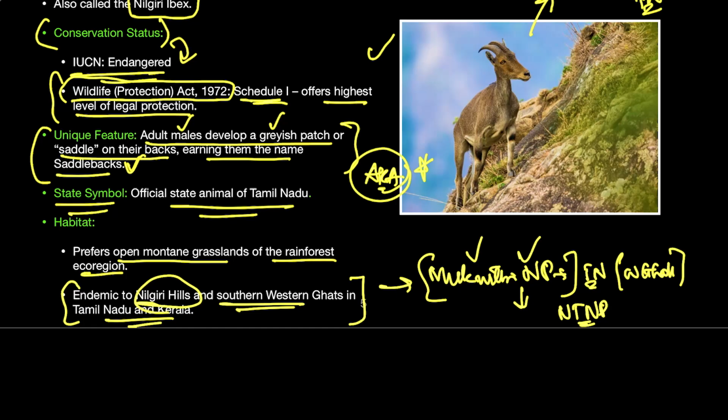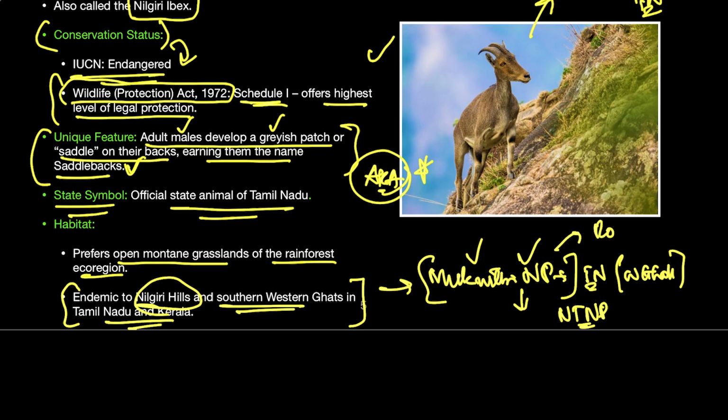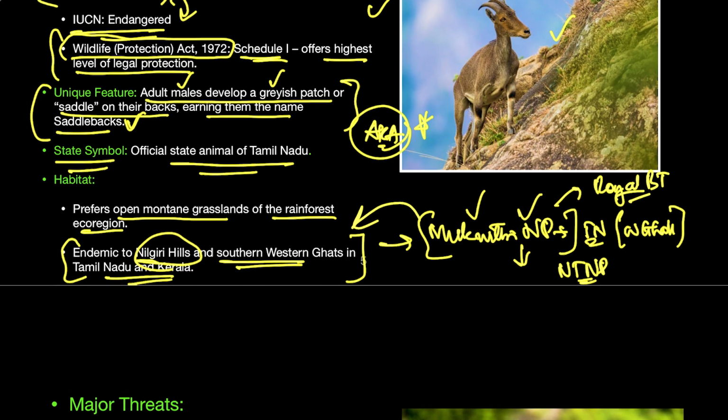Talking a few more things about the park, it is home to a lot of other endangered species, like the Royal Bengal tiger and Asian elephants, but the most important species amongst all of these is the Nilgiri Thar.